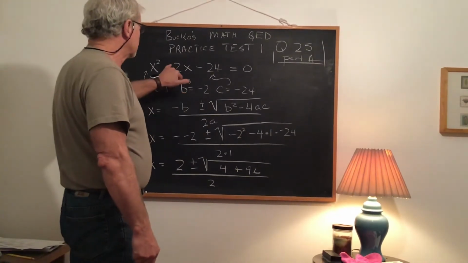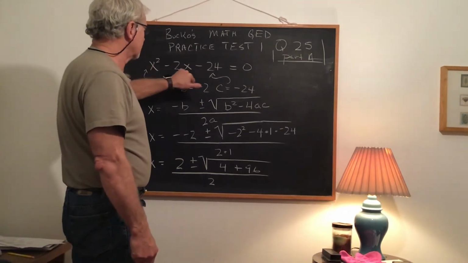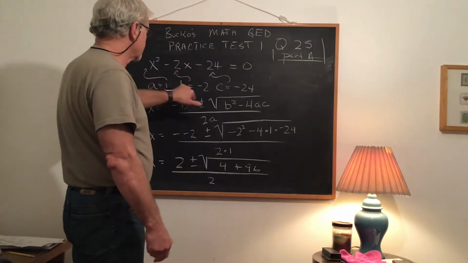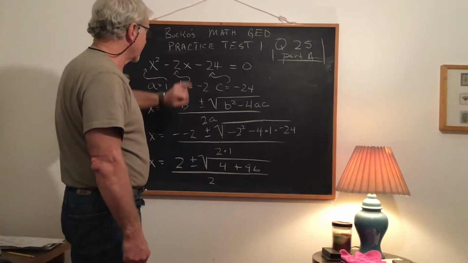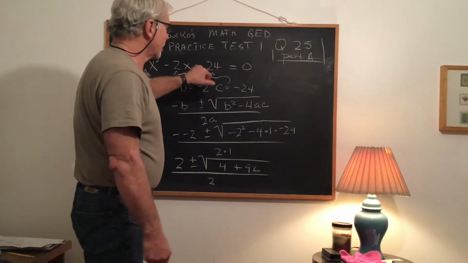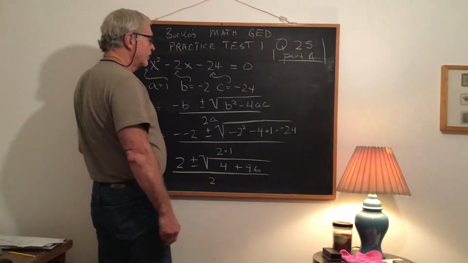Here's b, the coefficient between the first and second term, so it's a negative 2, you see negative 2 there. And then c is the last one, and typically it's just a pure number. It doesn't have a variable with it.